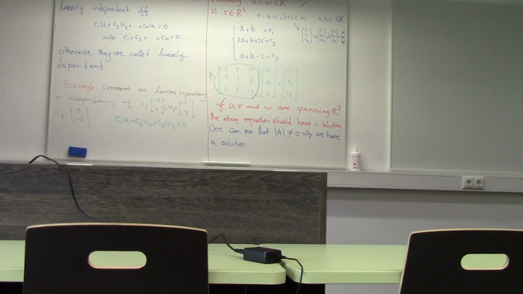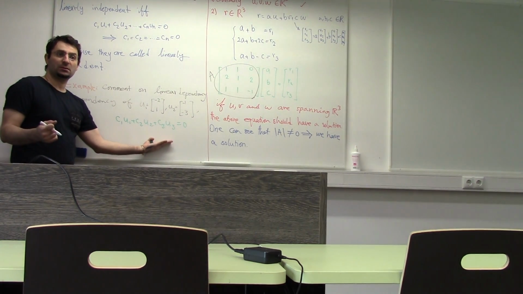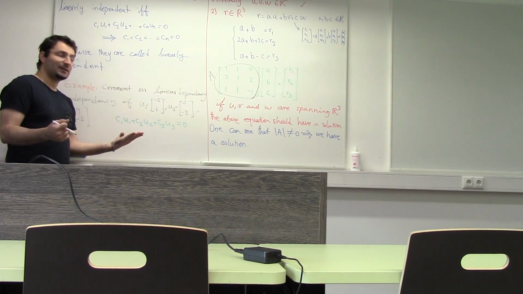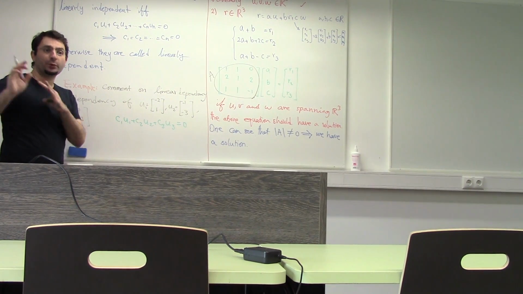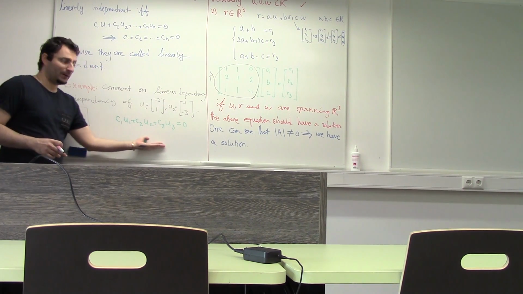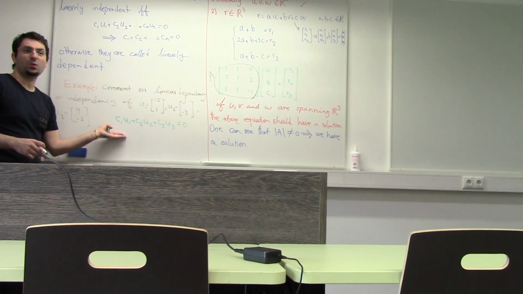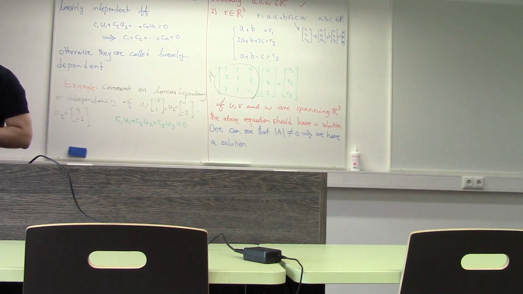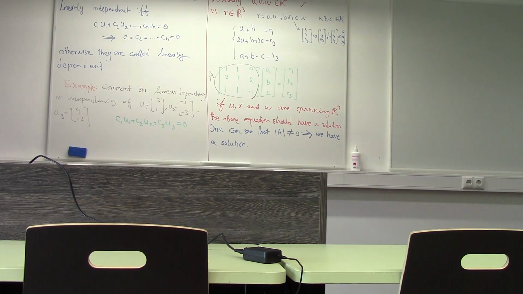Either we come up with an example in which one of these C's or some of them or all of them are non-zero, and we get this equation satisfied, which means that they are linearly dependent, or we prove that in this shape there is only one solution, and it is C1 is equal to C2 is equal to C3 is equal to 0. So, are they linearly dependent or linearly independent?